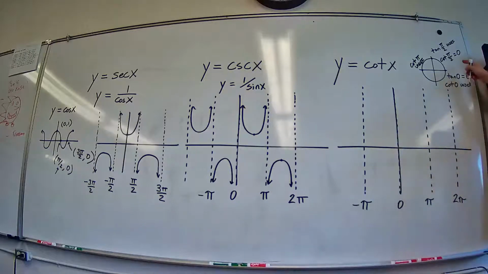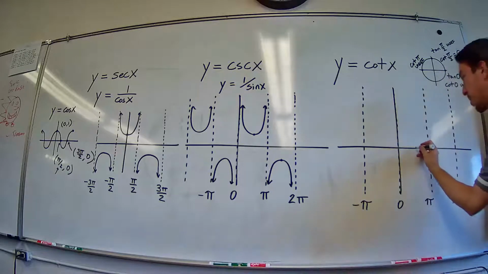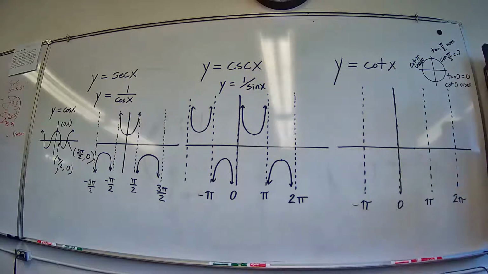Okay, and we established, hopefully we're all okay with the cotangent of half a pi is just 0. So think about your values. As you go from 0 to pi over 2, is cotangent positive or negative in this quadrant? Positive. How about in this quadrant? It's negative. So our graph has to go from positive values to negative values as you go from 0 to pi.